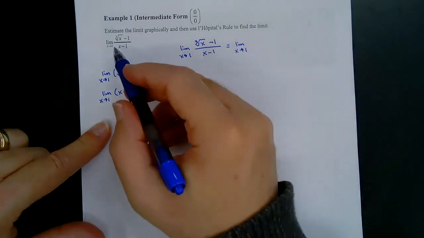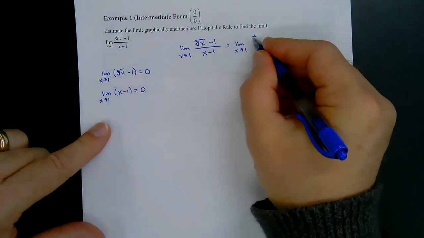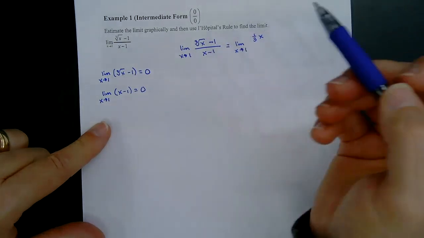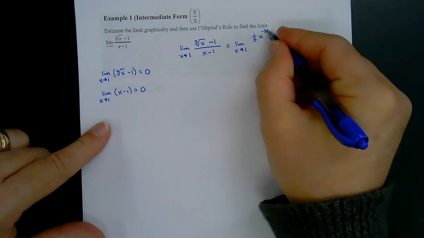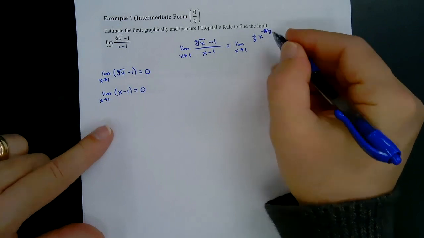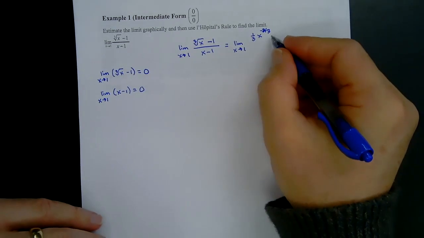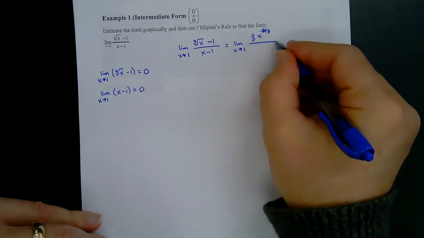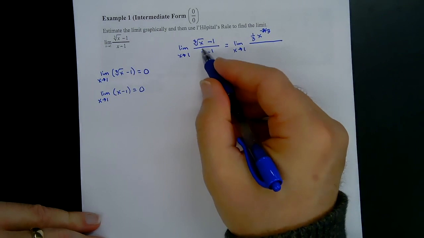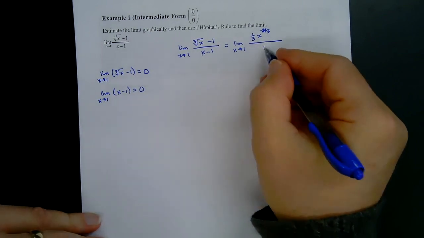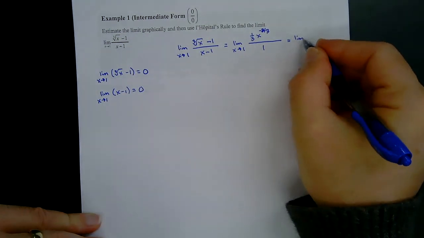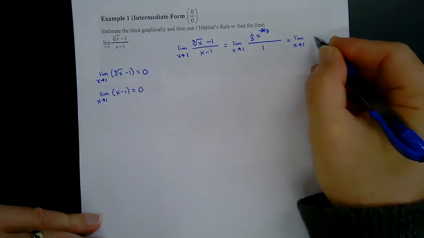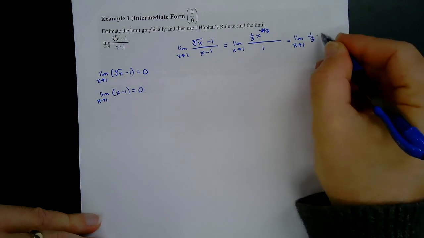So this is x to the 1/3, so the top becomes 1/3 x to the, and we subtract 1 from 1/3 and we get negative 2/3, and then minus 0, which we won't have to write, over the derivative of x, which would just be 1.